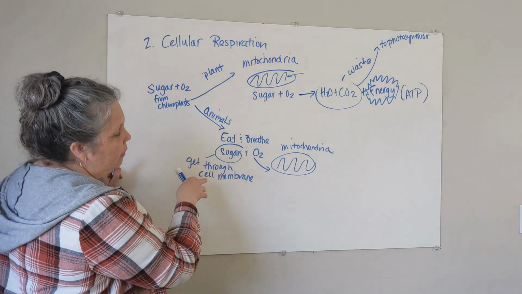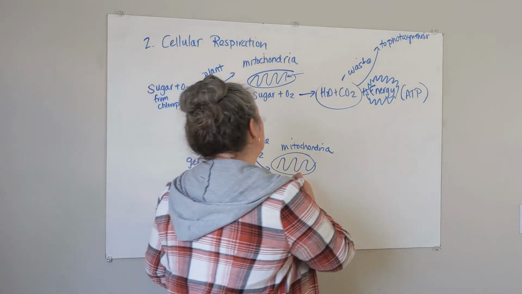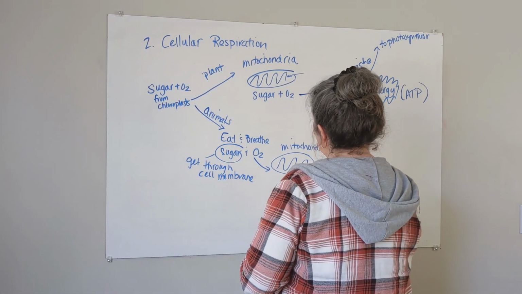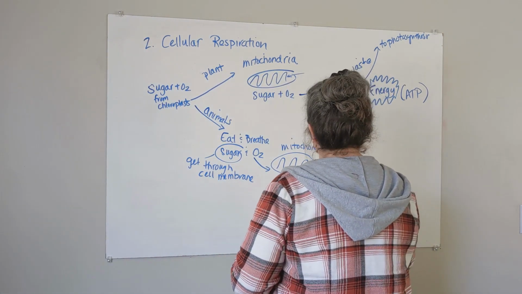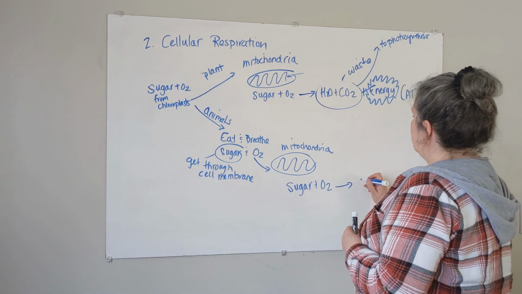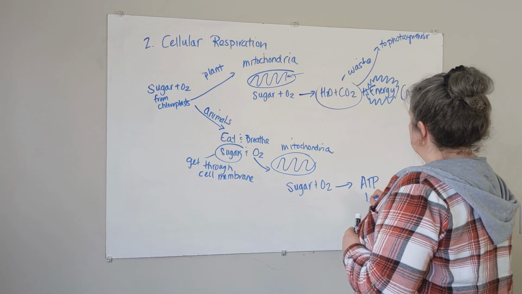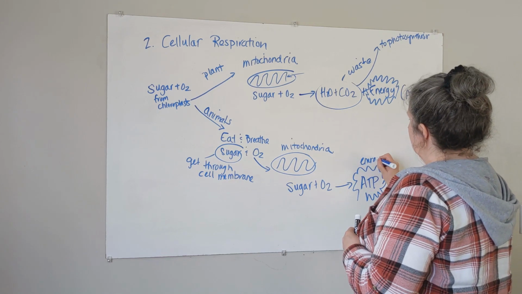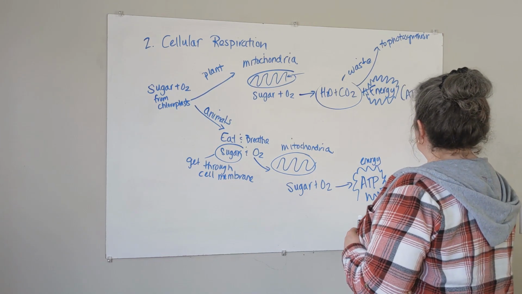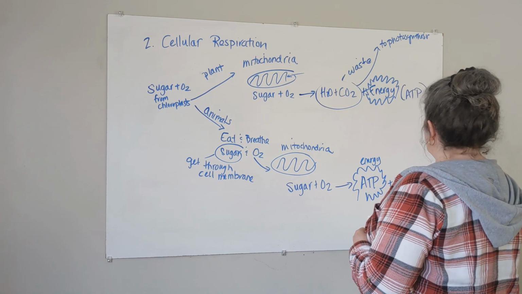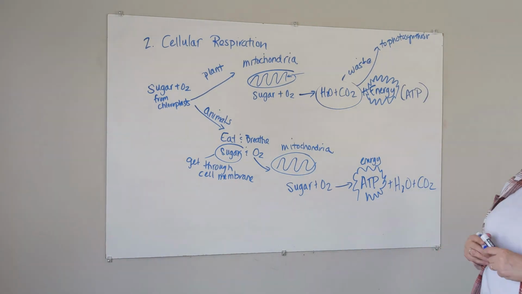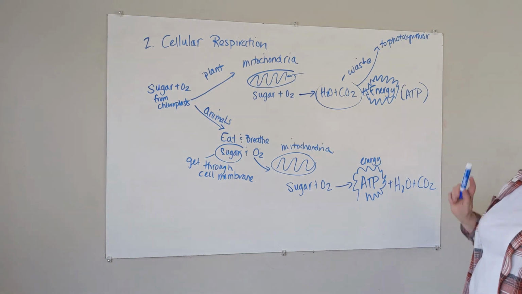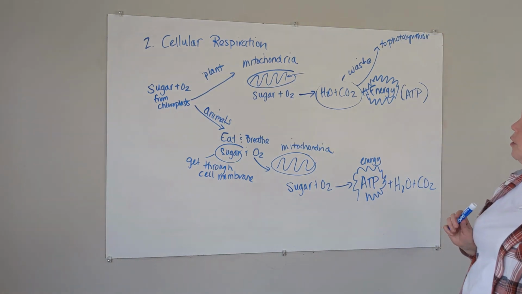But once it does get in, it goes to the mitochondria, and the same thing happens. The glucose molecule is pulled apart in the presence of oxygen, giving us ATP energy, and releases water and carbon dioxide as waste products. I think that's all you need to know.